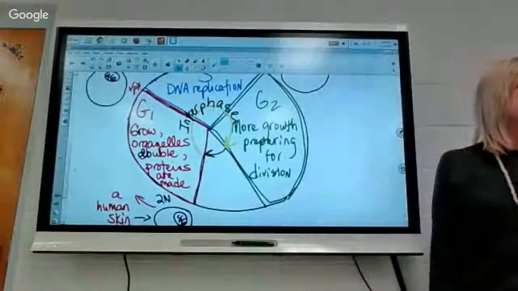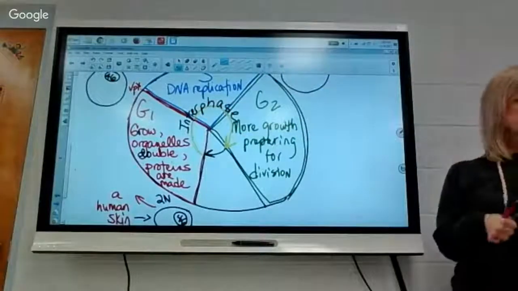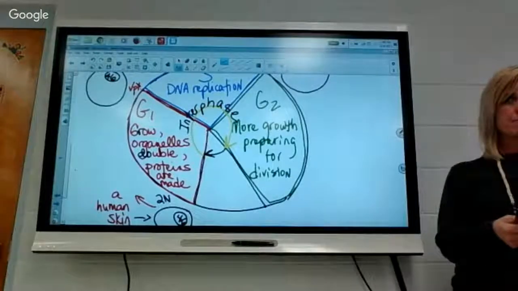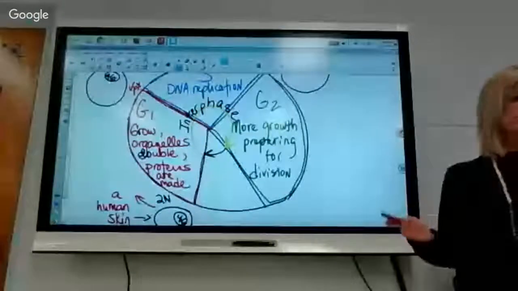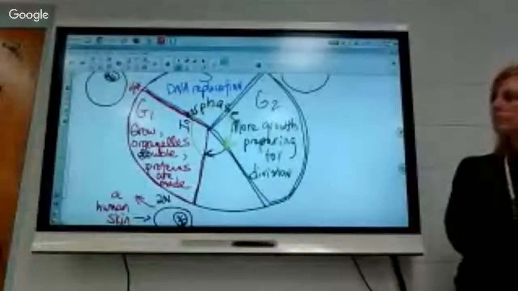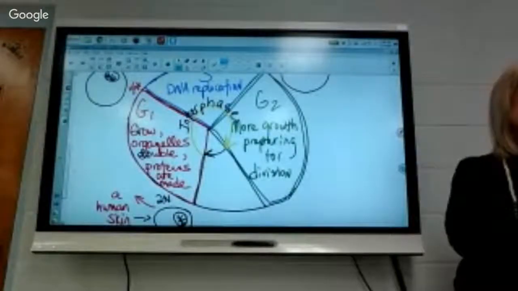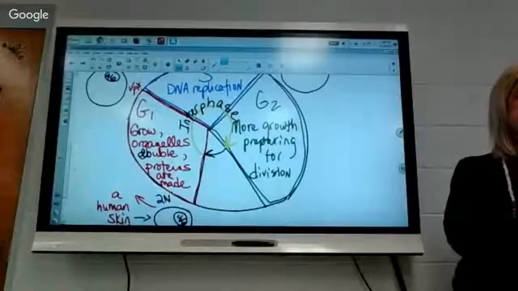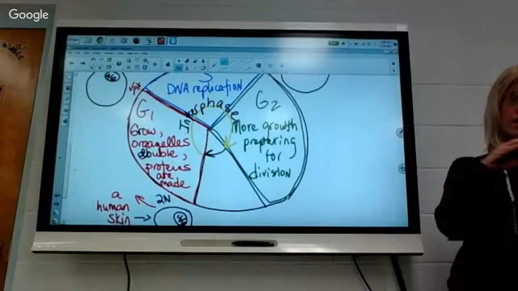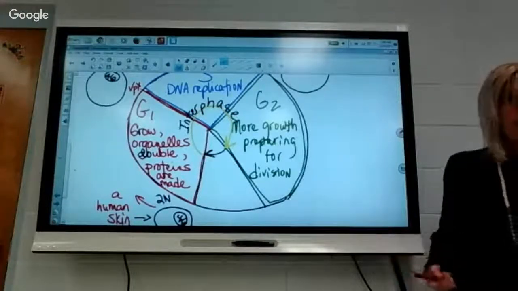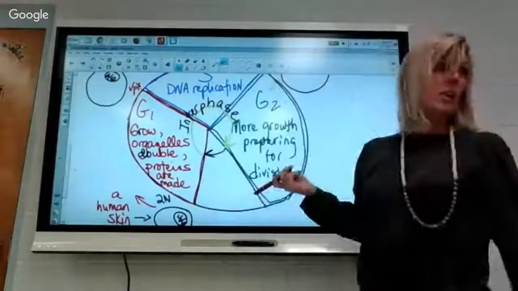If we ask you whether a cell spends the majority of its time dividing or in interphase, not dividing, what are you going to say? Not dividing, just getting ready to divide. Right. It's going to spend way more time here.